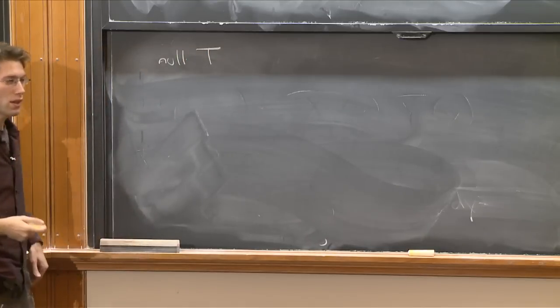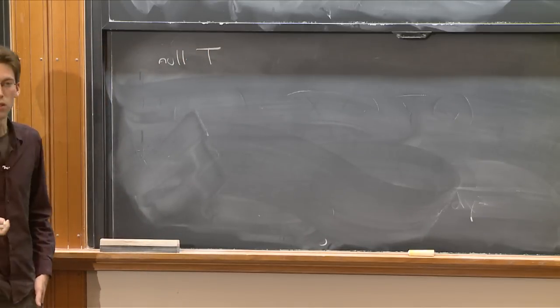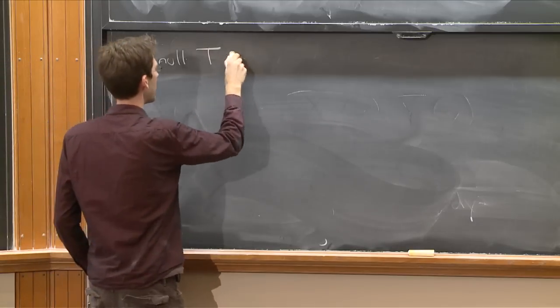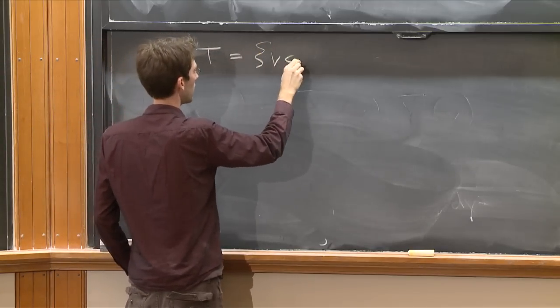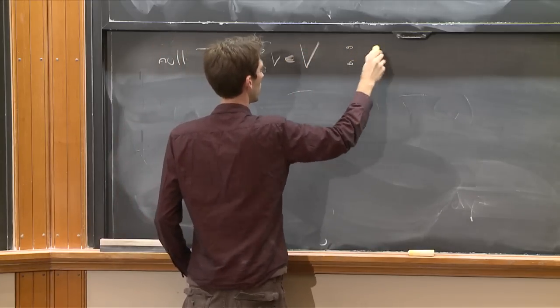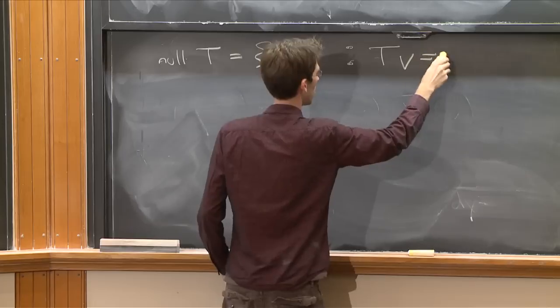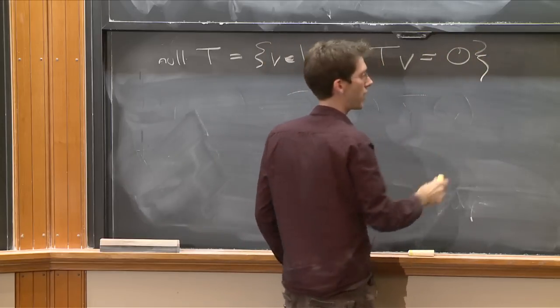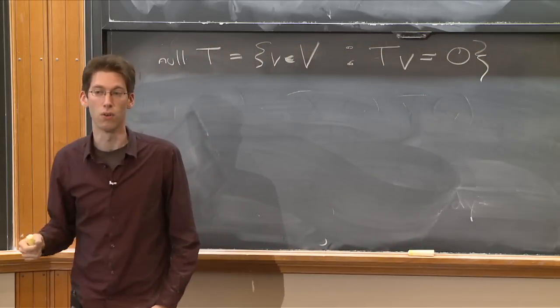So one of these things is the null space of an operator. So this is the set of all vectors v that are killed by the operator, that are sent to 0.